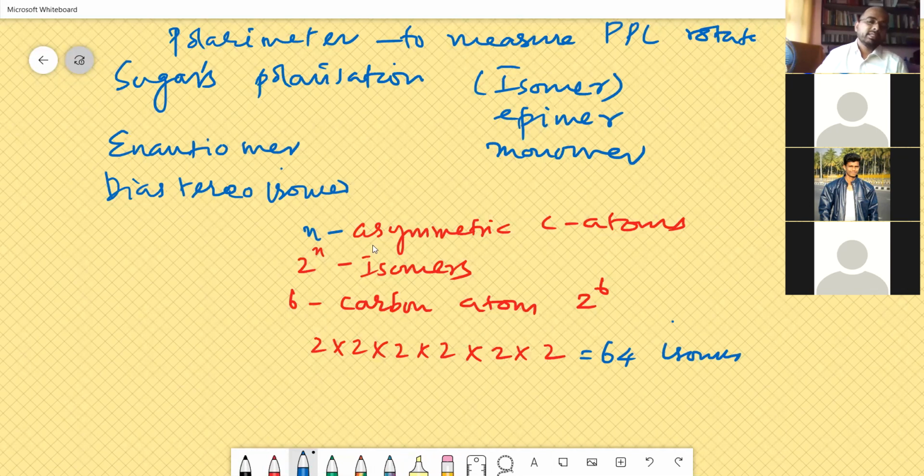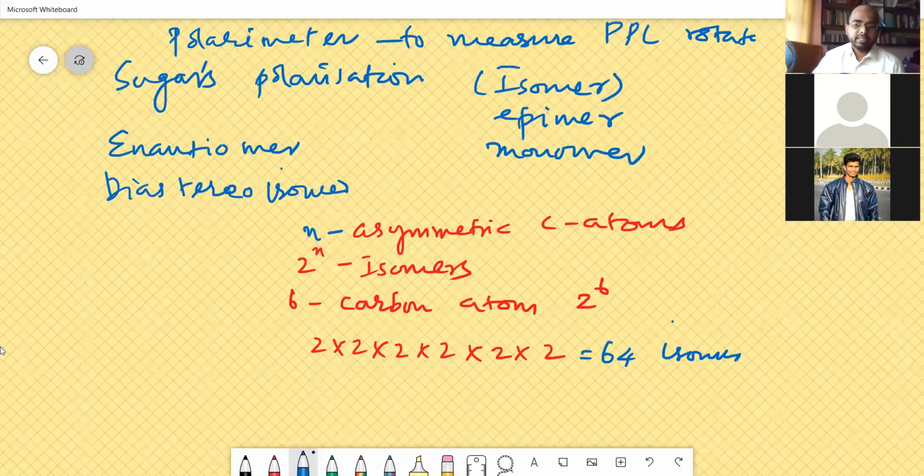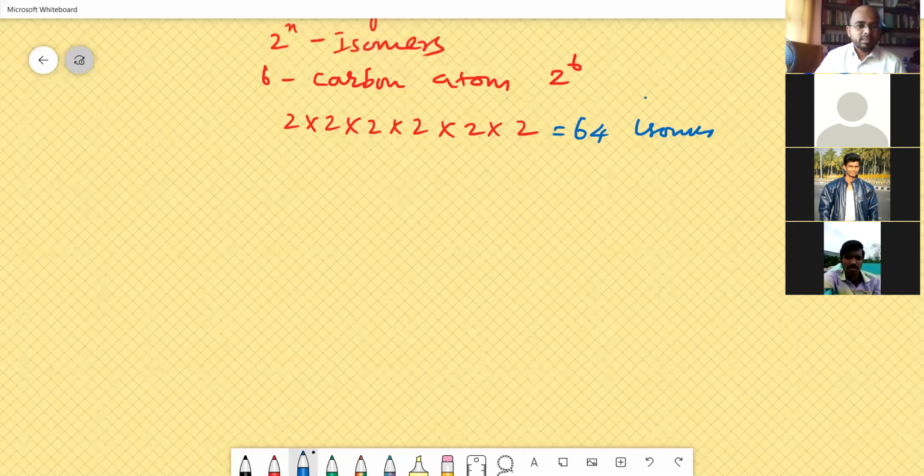So I'm just taking some isomers. I just put how you can see these isomers.